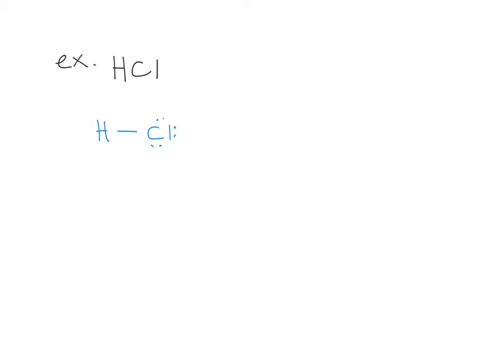Our second step is to calculate the electronegativity difference. So our electronegativity value for hydrogen is 2.1 and for chlorine is 3.0. And we talked about how to get these values from our periodic table in our polar bonds lesson. So our difference is 3.0 minus 2.1 equals 0.9.